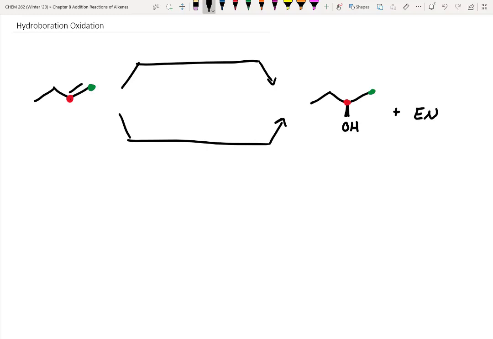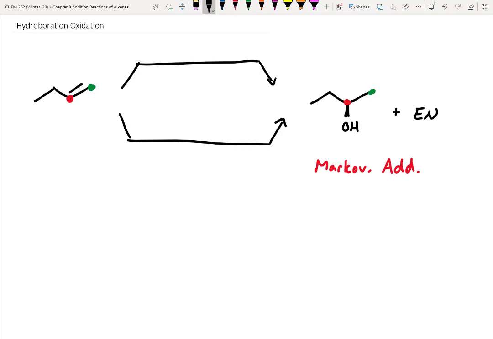Is this called Markovnikov or anti-Markovnikov? Well, let's think. Is the alcohol going to the more substituted position? Yeah, is that Markovnikov or anti? It's Markovnikov. Yeah, so this would be Markovnikov addition, meaning it's adding to the more substituted carbon. And we actually have two different ways to get there.